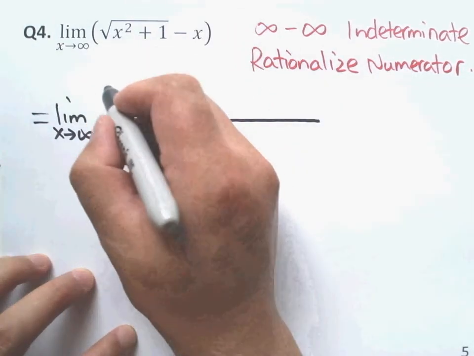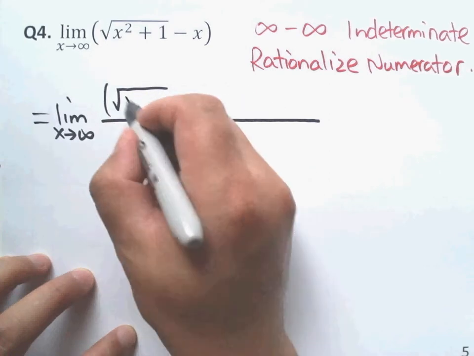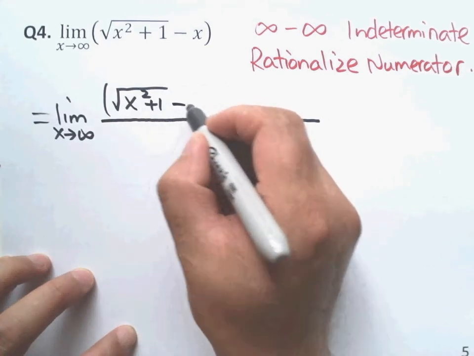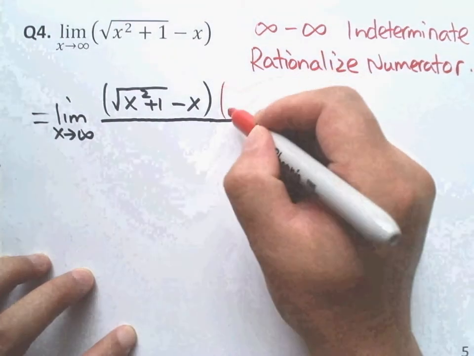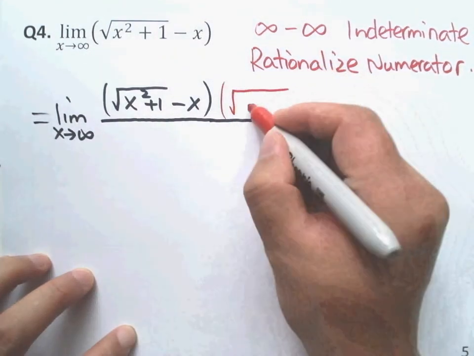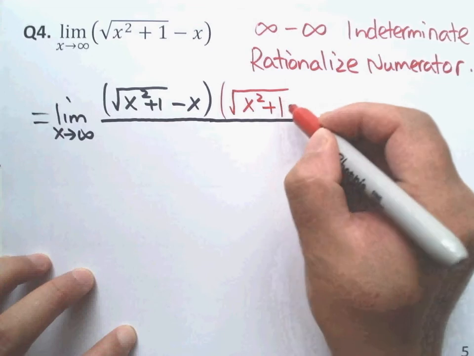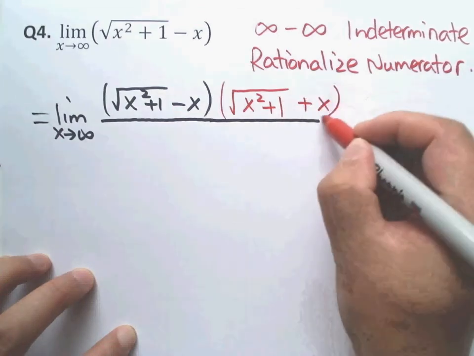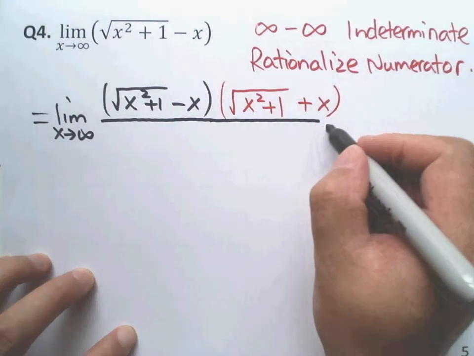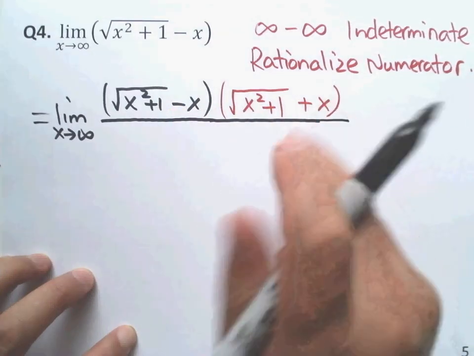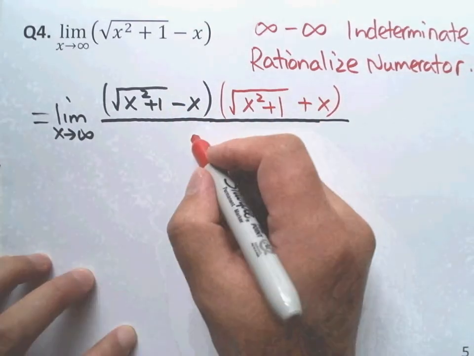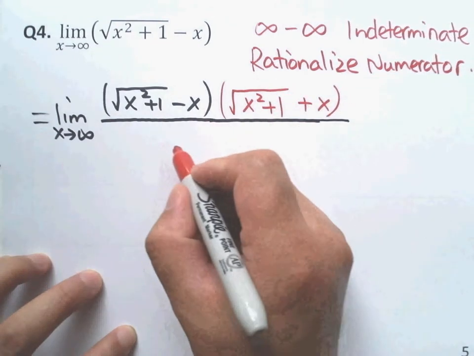So this is a little bit longer. The original, let me put here again, is the square root of x squared plus 1 minus x. What are we going to do? We're going to multiply by the conjugate. Remember the conjugate is the square root of x squared plus 1 plus x, right? Minus x becomes plus x. This is the conjugate.